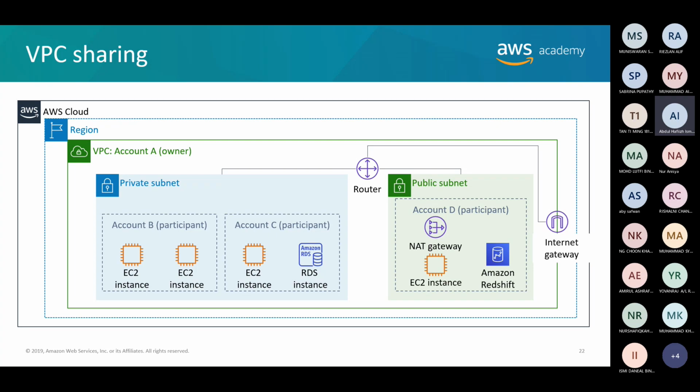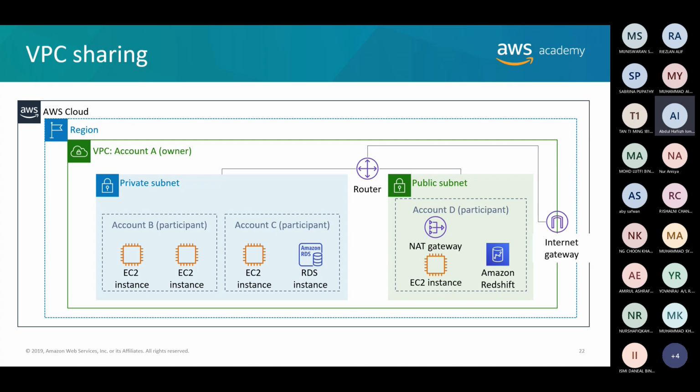Okay, contohnya dalam ni dia buat this is a VPC. Kita owner VPC ni attach pada satu account. So dalam account tu dia ada macam-macam resources. So contohnya dalam private subnet dia ada account B, ada EC2 instance, dua EC2 instance.